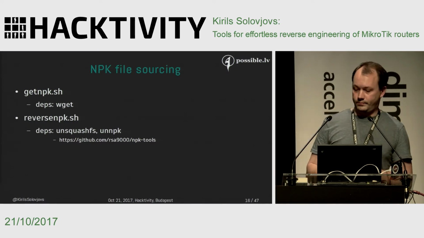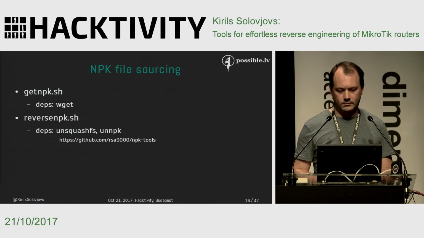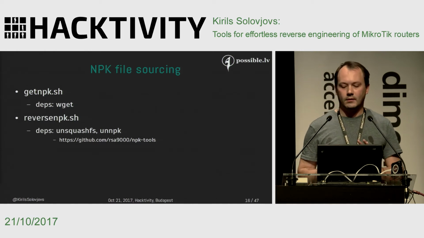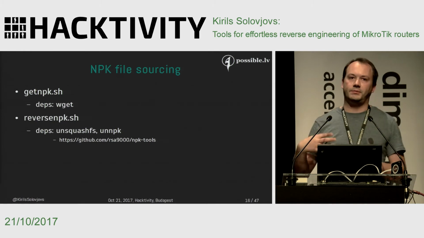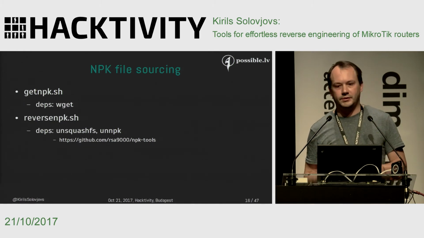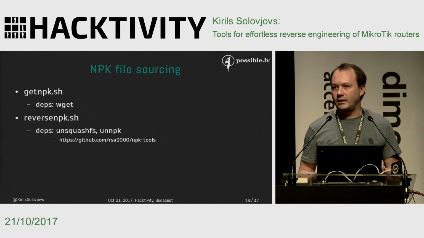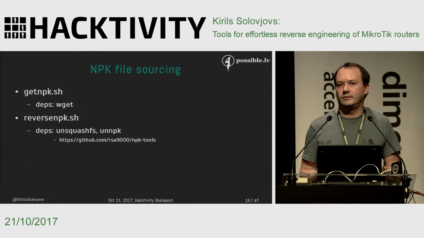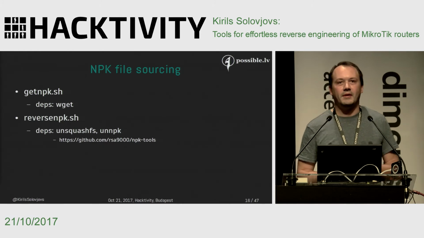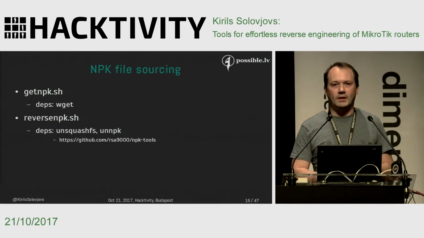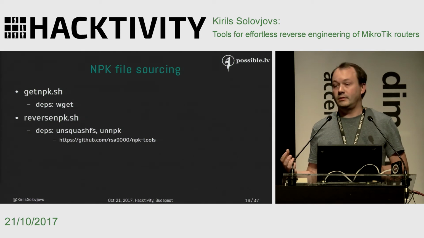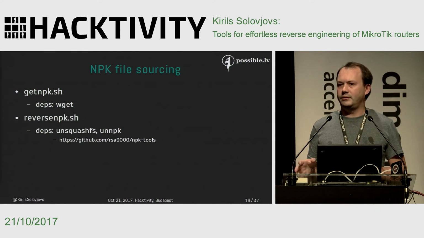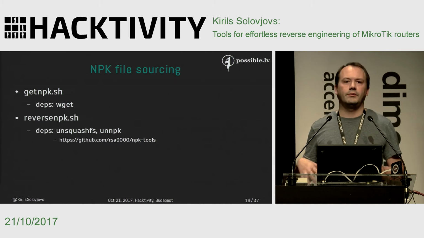OK, so next thing, the kernel patches. If we want to go the other way, and if we don't want to reverse their binaries, but we want to look at the real source code, they use Linux, so it is GPL, so they should be giving you out the kernel patches. Even though the license says that you have to contact them by post and send them $20 or $30, and then they'll send a CD out to you.